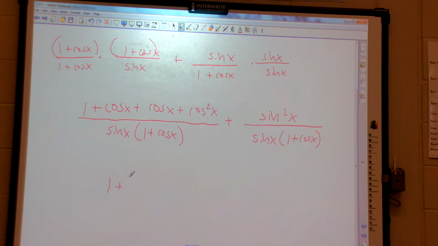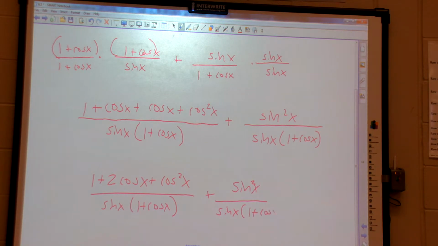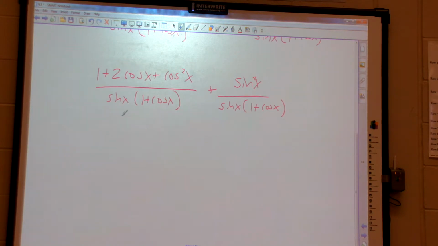Ooh, do I want to add the tops yet, or do I want to condense? Let's condense first. But you cannot do them both at once, which is going to drive some of you crazy. Because yes, I know you could easily condense both of those fractions and like terms, but you are not allowed, one step at a time. Now I can go ahead and add those.